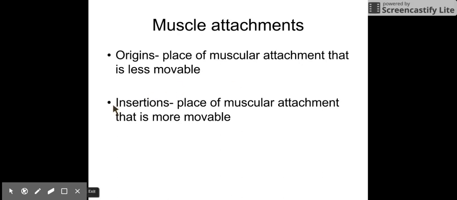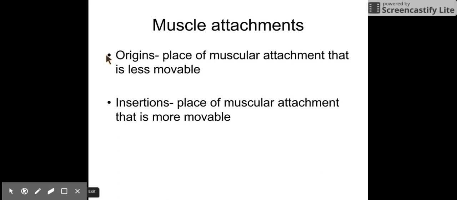The insertion point is on the more movable bone, and this is always going to move towards the origin. That is how movement works. The insertion always moves to the origin, never the other way around. More movable is going to move to less movable.